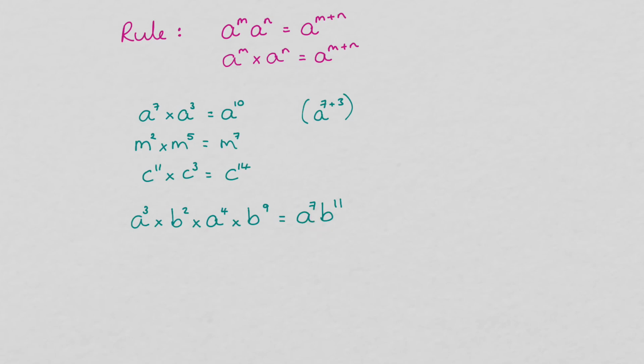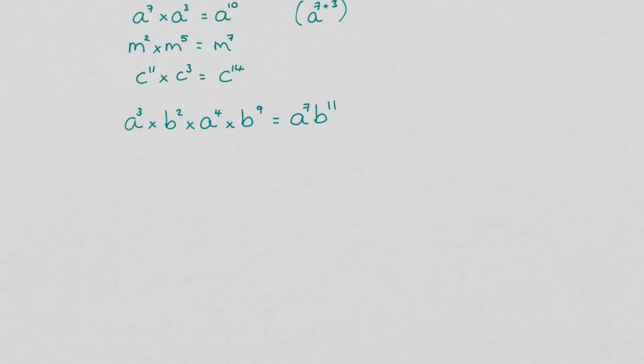So we'll just do a tiny bit more practice of this. So we're going to have v squared times w cubed times v times w to the power 5 times v squared. Okay, now you will notice here that there is no power on the v. But how many times is v multiplying itself here?